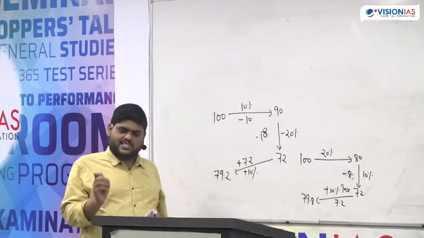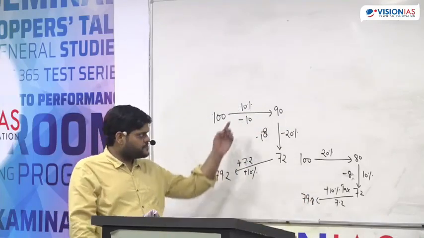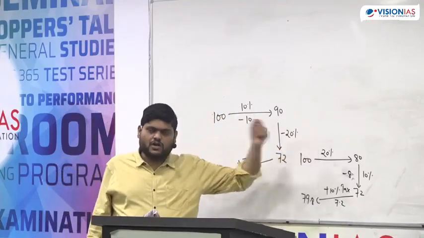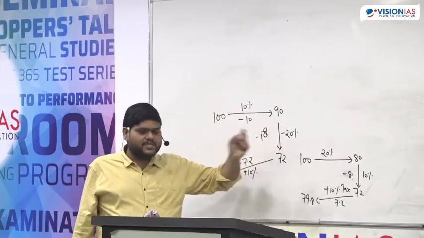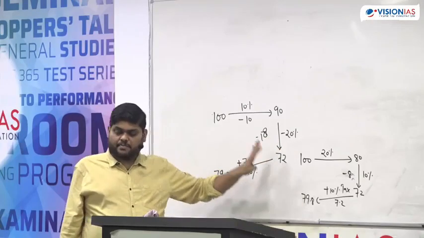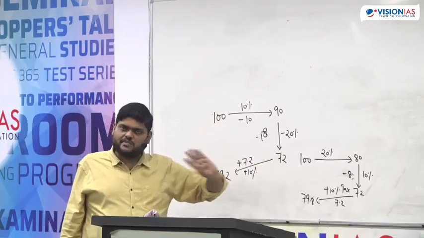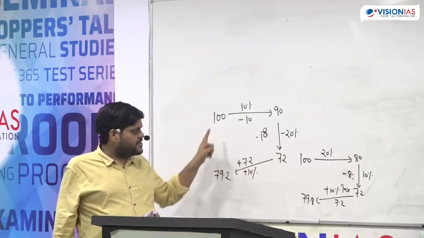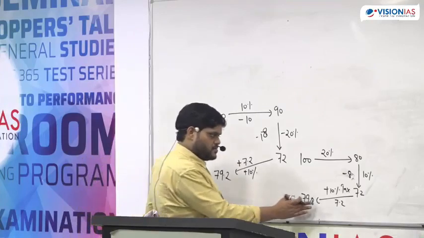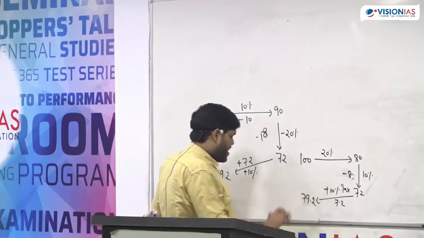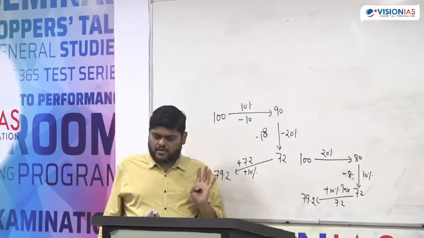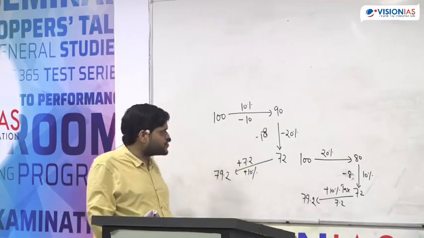So in successive increment or decrement, whether you are increasing first or decreasing first, or first 20%, then 10%, nothing is going to change. Everything will remain the same. That means first option and second option remain the same. How much you are paying? 79.2 you are paying.